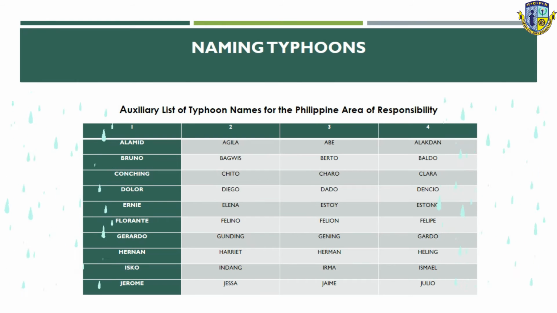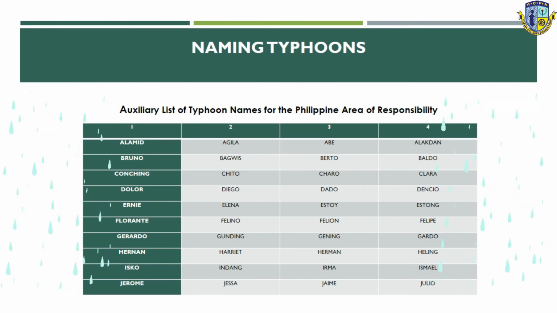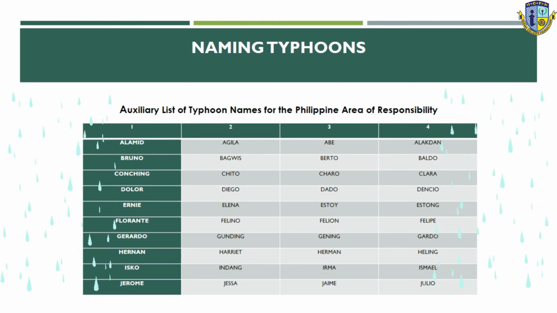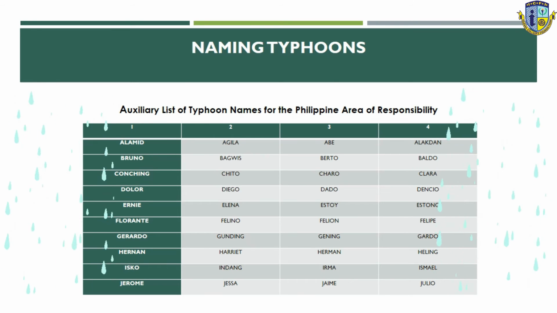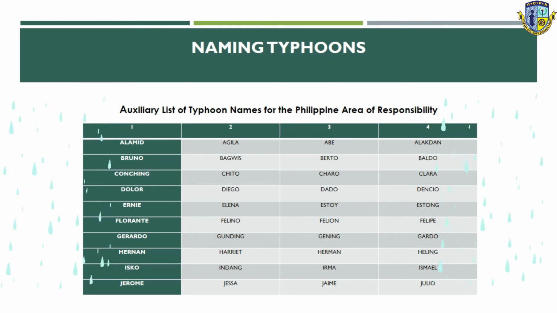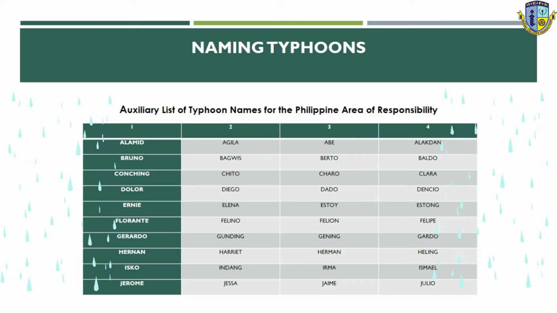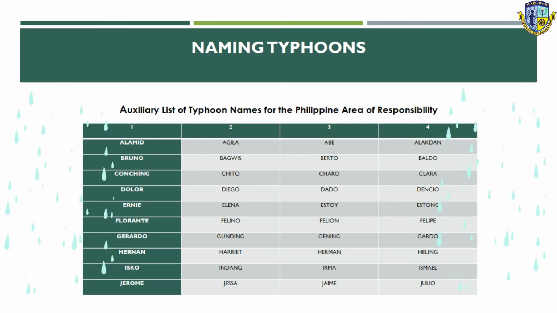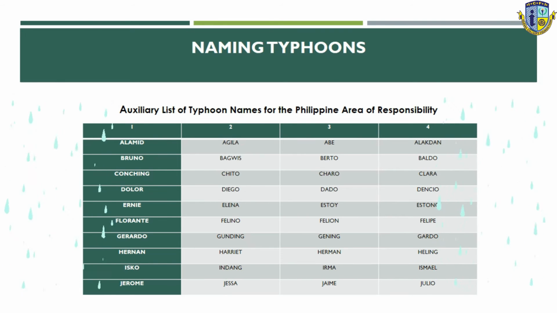Set 2: Aguila, Baguis, Chito, Diego, Elena, Felino, Gonting, Harriet, Indang, Jessa. Set 3: Abe, Berto, Charo, Dado, Estoy, Felion, Henning, Herman, Irma, and Jaime.